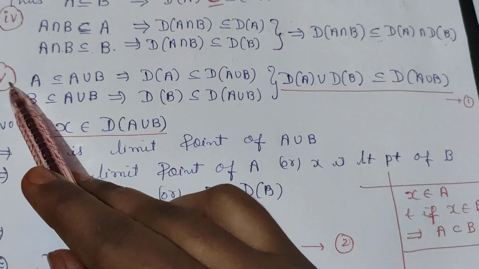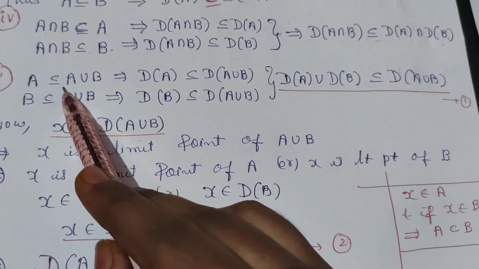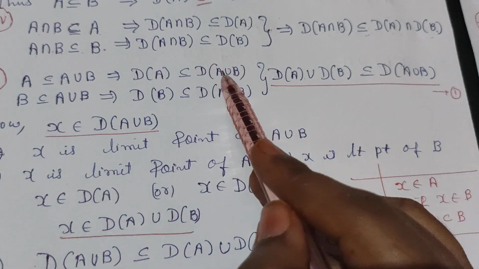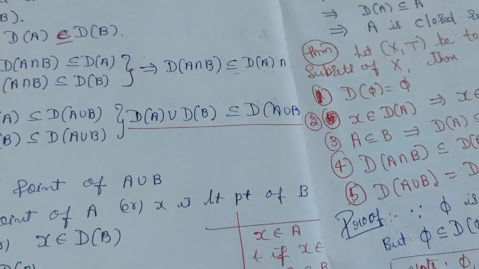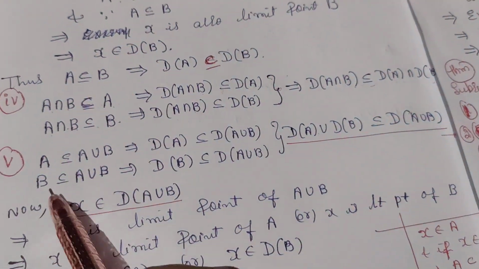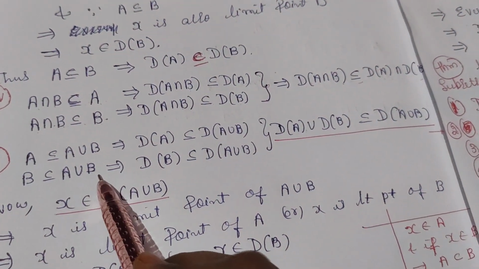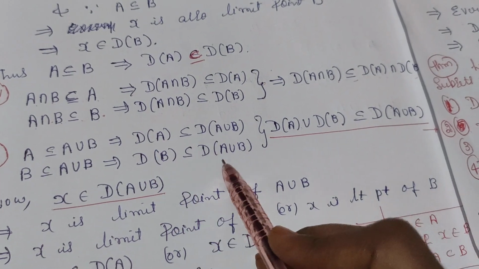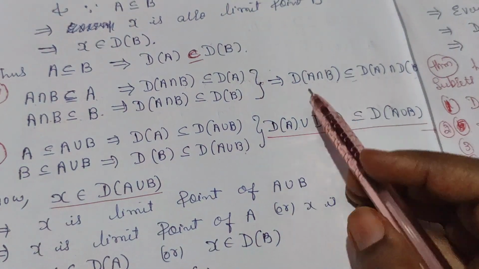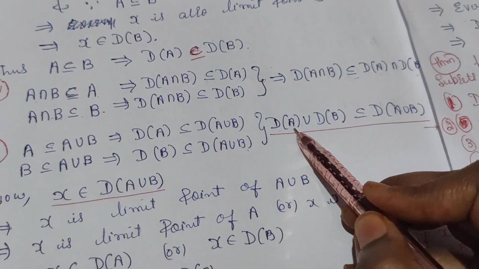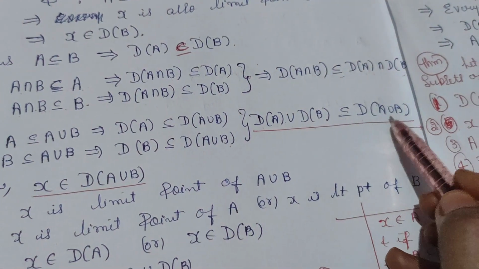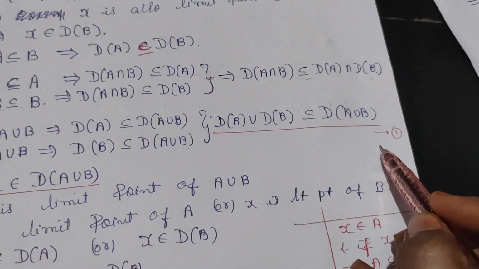From properties of sets, we know that A is contained in A union B. So this implies D of A is contained in D of A union B, from 3. Again, B is contained in A union B, so D of B is contained in D of A union B. Combining these two, D of A union D of B is contained in D of A union B. Take it as equation 1.